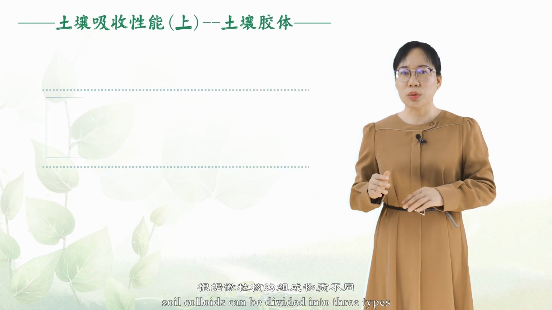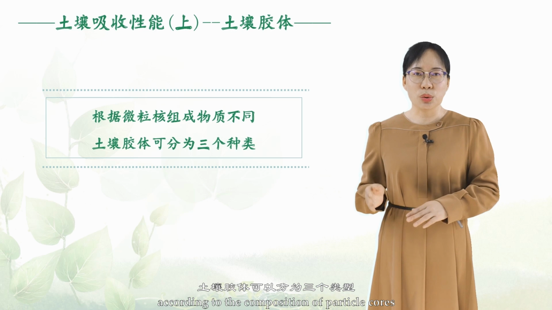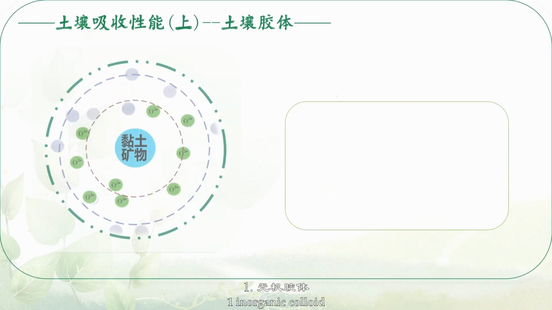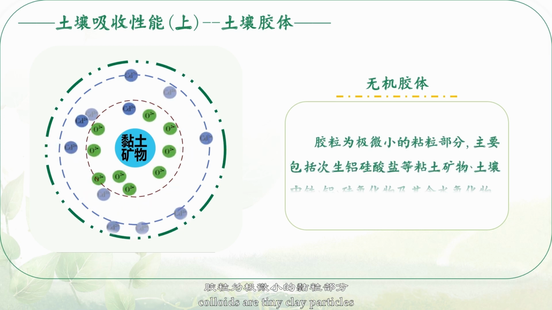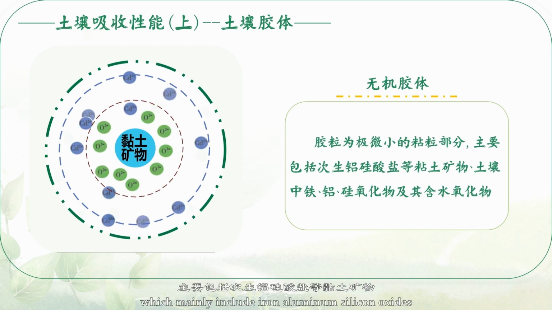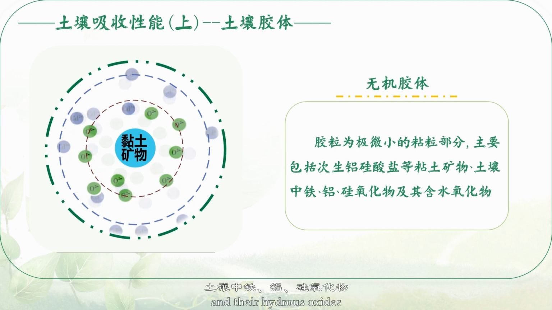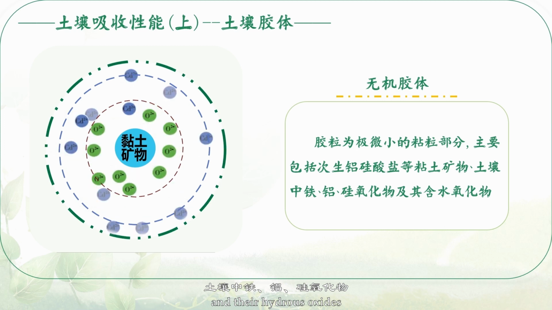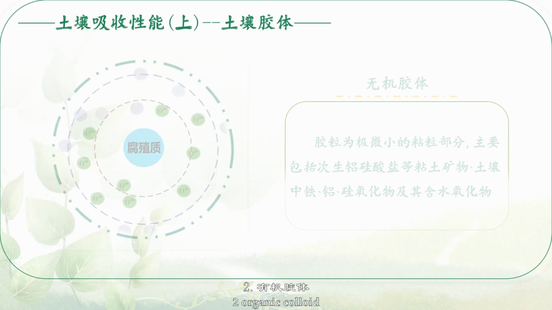Soil colloids can be divided into 3 types according to the composition of particle cores. 1. Inorganic colloid. Colloids are tiny clay particles which mainly include iron, aluminum, silicon, oxides, and their hydrous oxides, in clay minerals such as secondary aluminosilicate. 2.